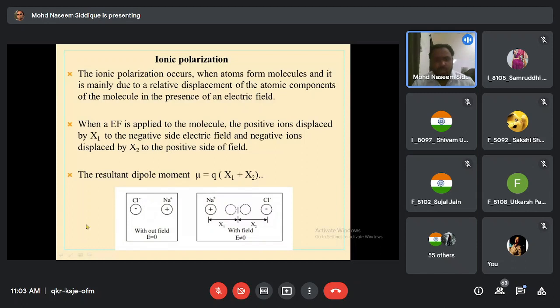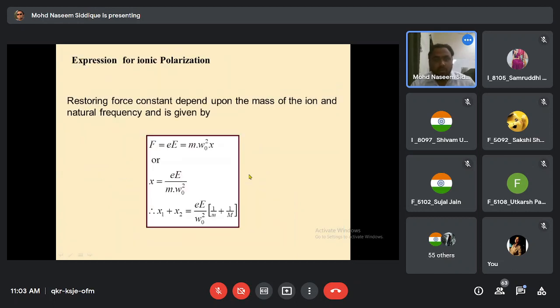This is the best example to understand ionic polarization. After applying the electric field, the sodium cation will move in the direction of the electric field, and the chlorine negative ion moves in the opposite direction to the field. So there must be two displacements, x1 and x2. Hence, the resultant dipole moment is equal to q times x1 plus x2.